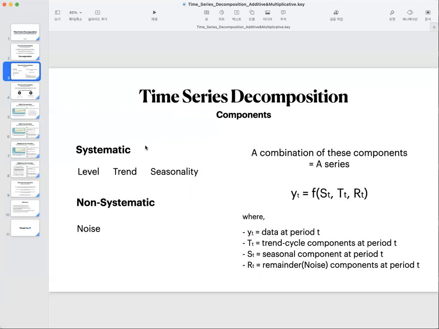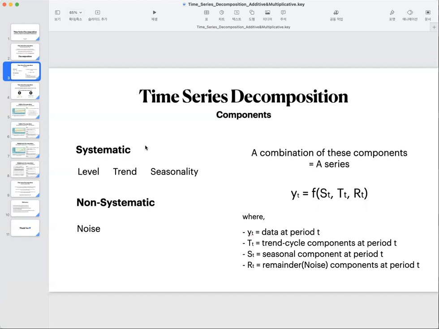There are two types of components. One is systematic, which has consistency or recurrence and can be described and modeled. In more detail, level means the average value in the series, and trend explains the increasing or decreasing values in the series.